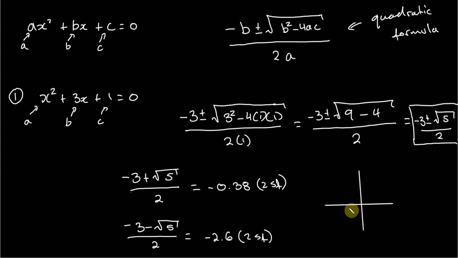I'm not going to draw this accurately, but my best sketch is going to look something like this. This point here is negative 2.6, and this point here, somewhere in there, is going to be negative 0.38. In any case, let's just carry on.